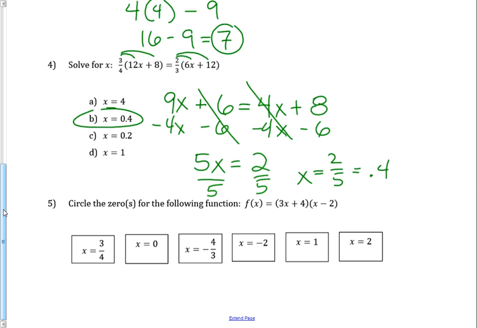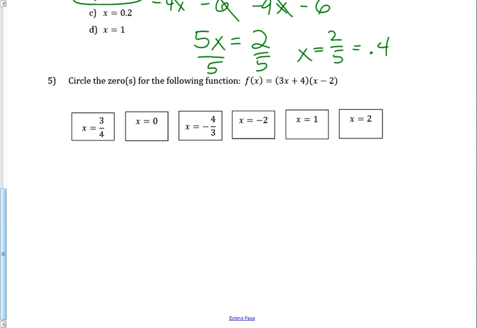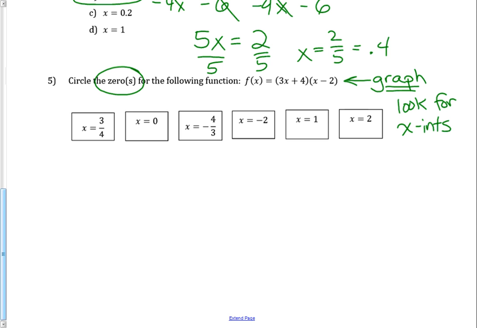Final question on this page. Zeros. So you want to graph this. The easiest way to do it is using a graphing calculator and look for the x-intercepts. Where does this graph cross the x-axis? The first one's easy.